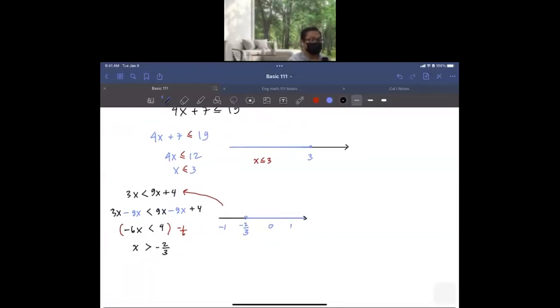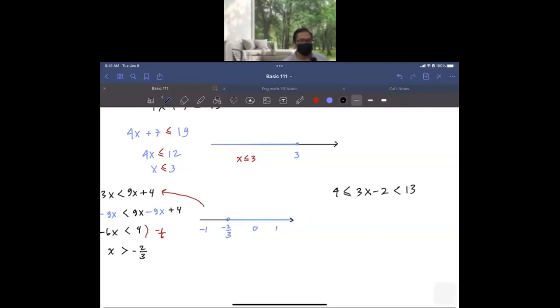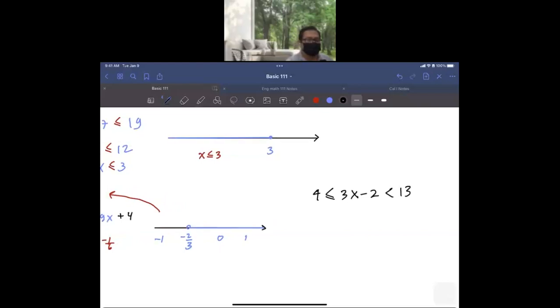Another type of inequality that might be in our discussion is when we have two sides of inequality. So we have 4 less than or equal to 3x minus 2, and then less than 13. To deal with this, we can think of two inequalities at once: the first one is the 4 and the middle expression, and the other part is the middle and the 13.